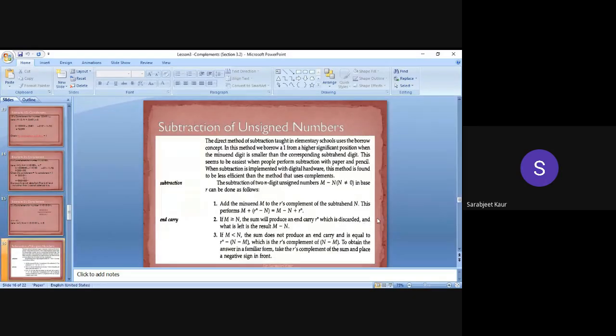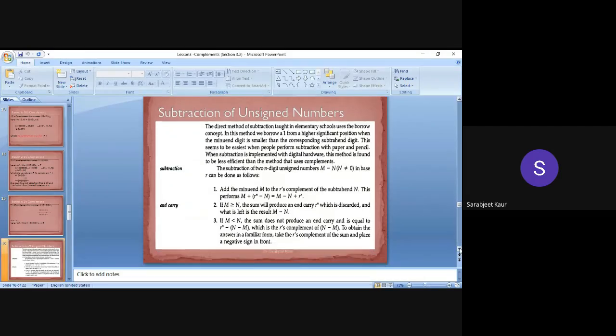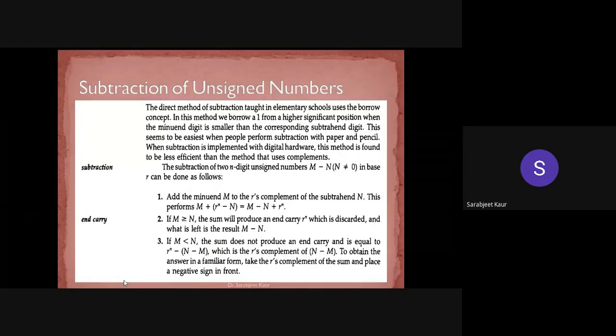Now, today, the first thing that we're going to talk about is the subtraction of unsigned numbers. If you remember, one of the main motivations that I told you for discussing complements was that it helps in the subtraction of numbers. So we don't have to follow our paper and pencil method, which is not very optimized when we implement it in hardware.